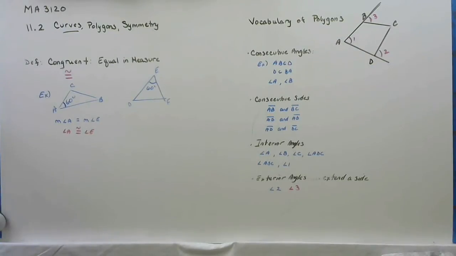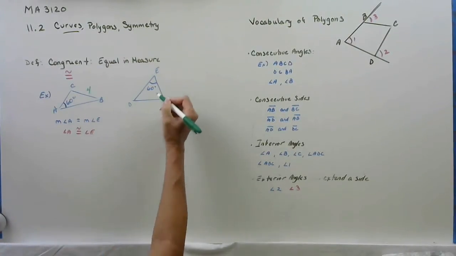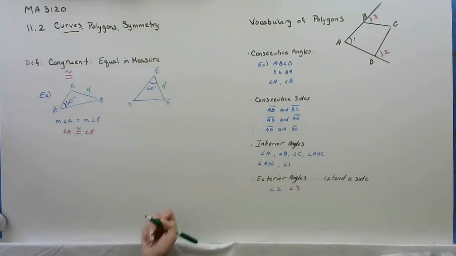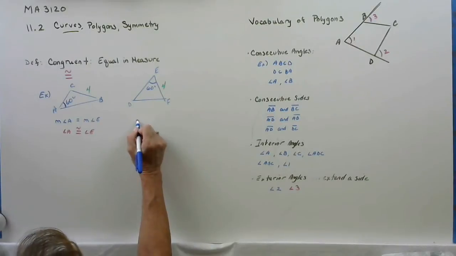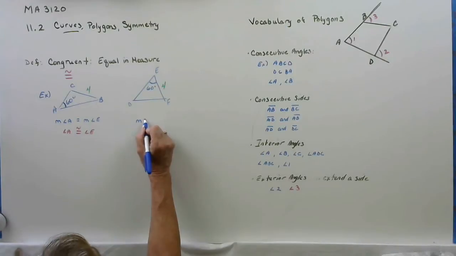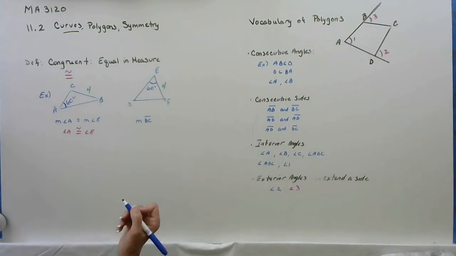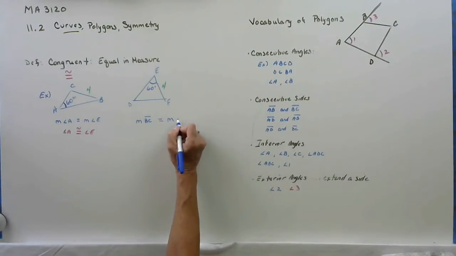Similarly, let's say I have that side length CB is 4 and EF is 4. Well, now if the two sides have the same measure, I could say that they're also congruent. So I could say the measure of line segment from B to C or C to B, it doesn't matter, is equal to the measurement of line segment EF.